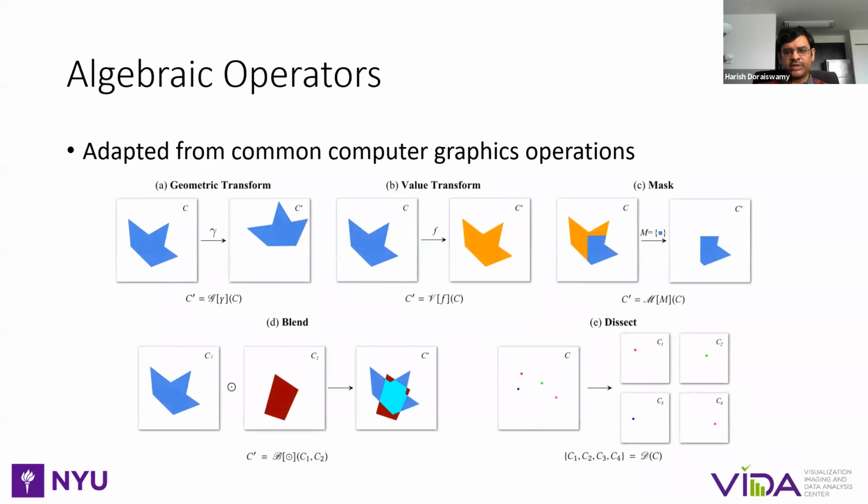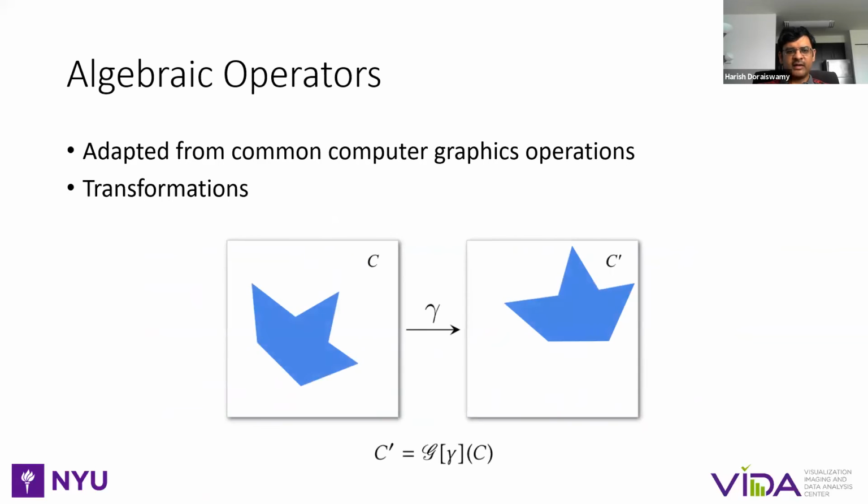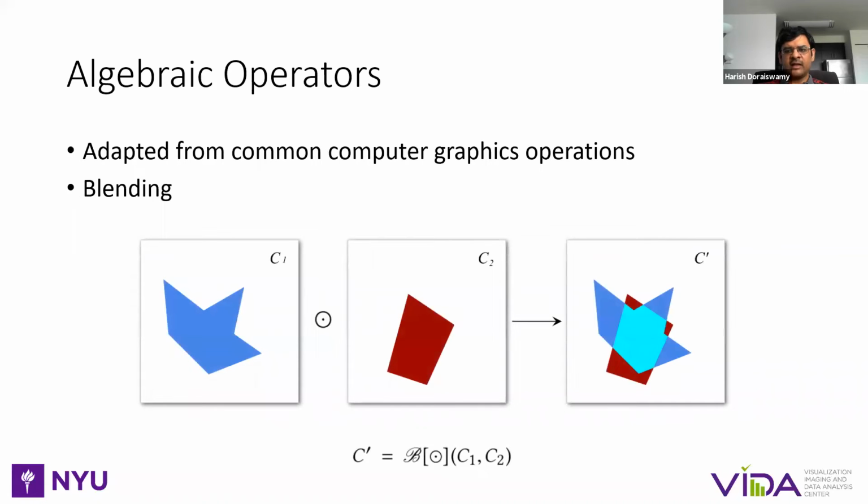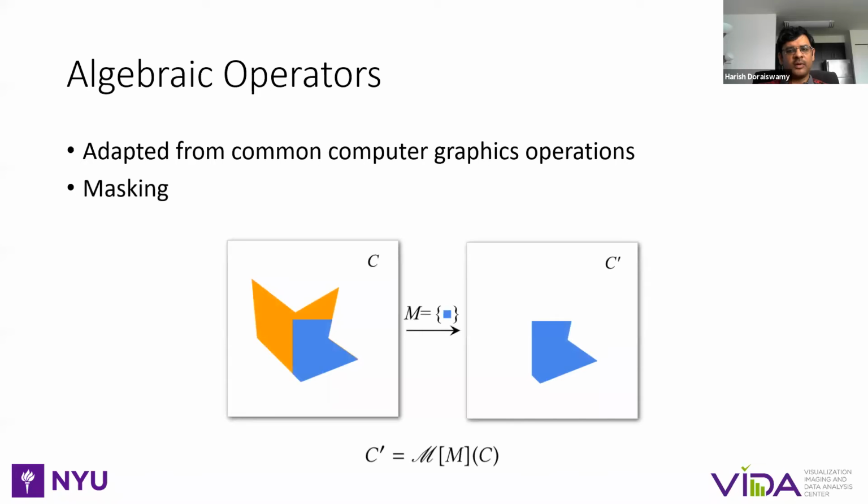As for the operators, we simply adapt common computer graphics operations. Particularly, we define 5 fundamental operators. These operators are like transformations that move around geometries in space, or blending, which merges two geometries, or masking, which clips geometries based on a mask condition.